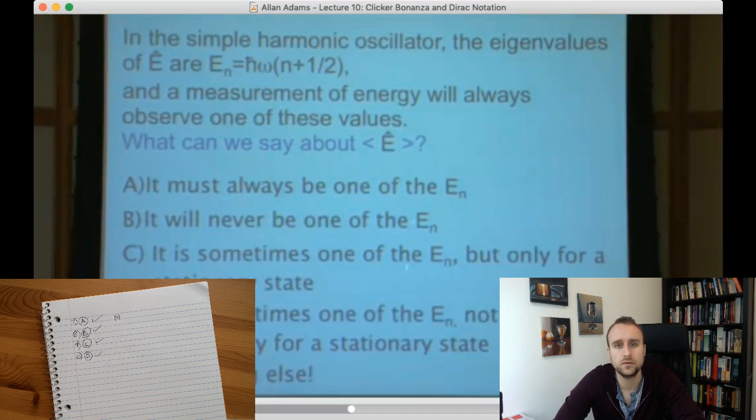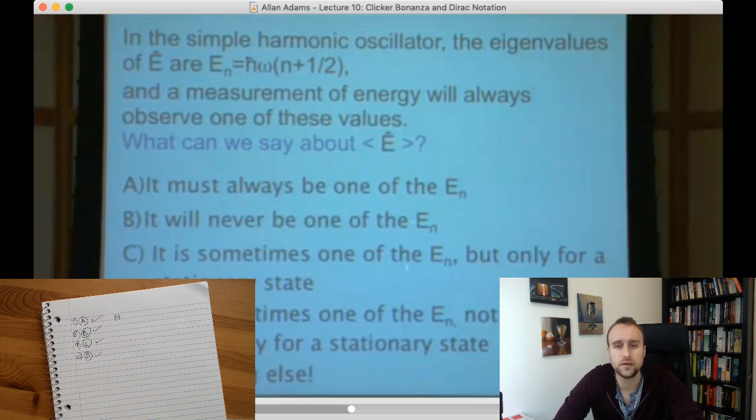Well, it's not necessarily A, because the expectation doesn't need to be a physically realizable state.